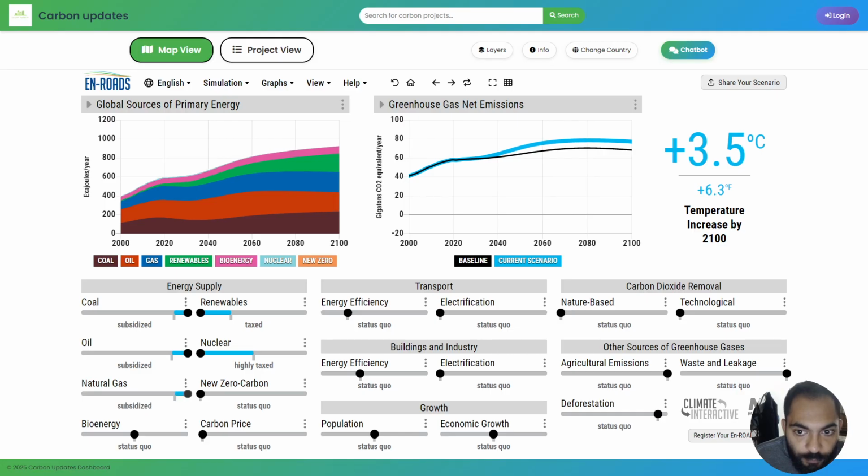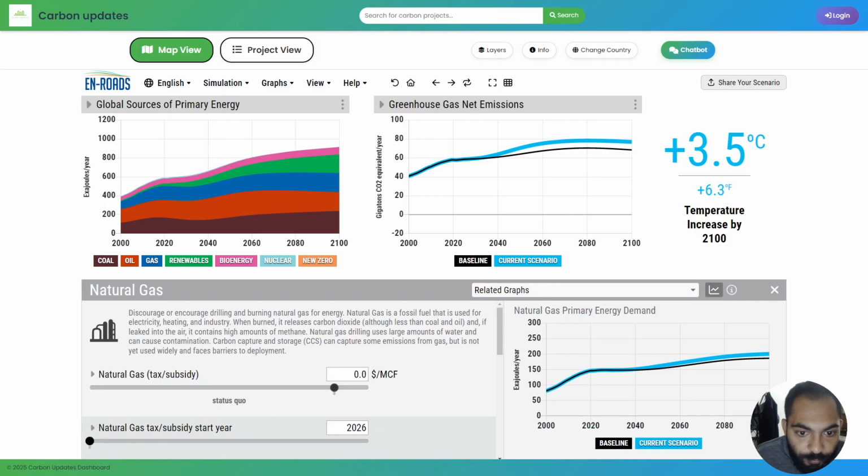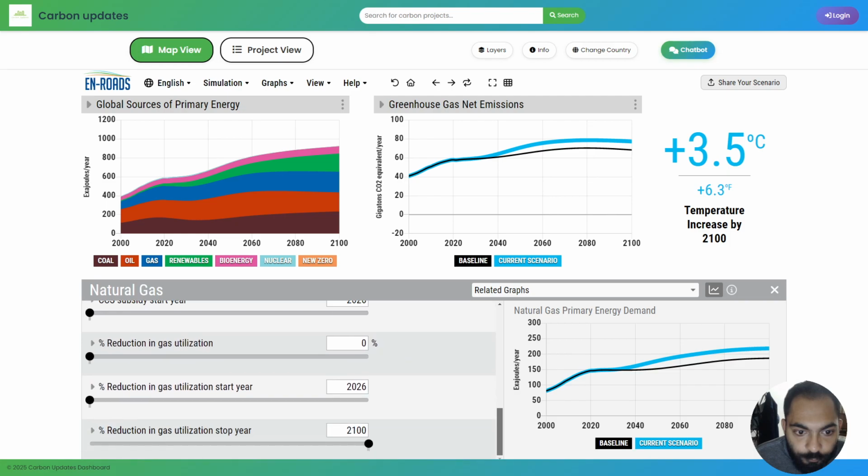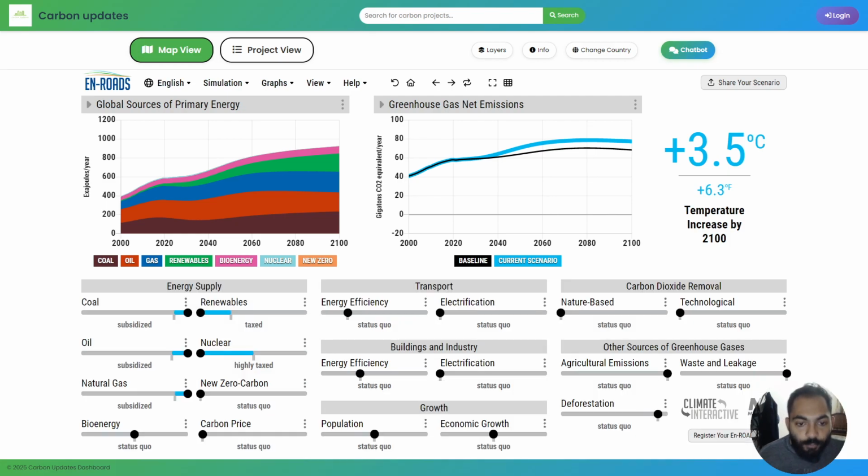Natural gas. Usually it's the first parameter. Yep, we want to go higher. All right, so we see an increase by 2060.